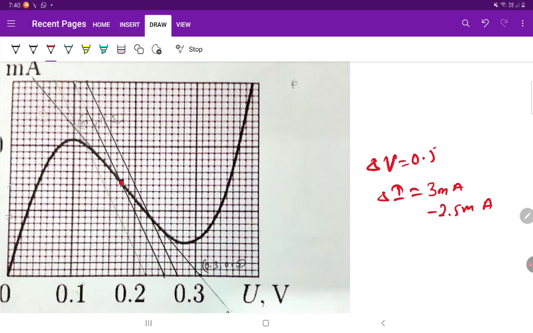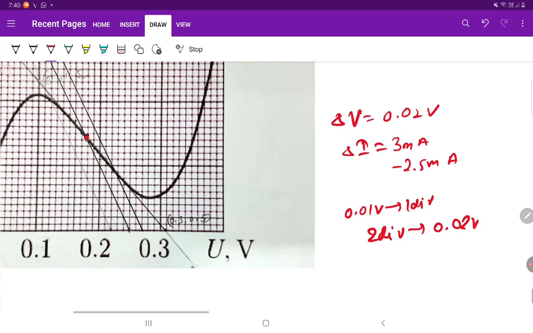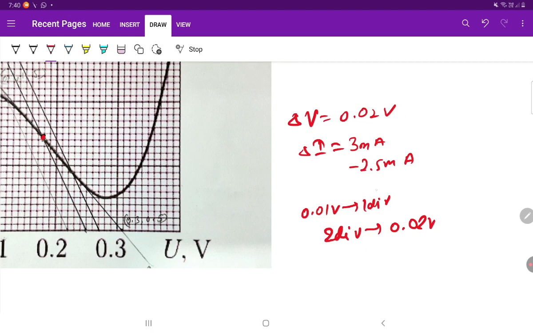And pardon me, this delta V will be 0.02 volt, because one division corresponds to 0.01 volt. So shifting by two divisions corresponds to 0.02 volt, and this change in current corresponds to a change in output voltage of 10 times this value, which comes out to be 0.03 to 0.025.